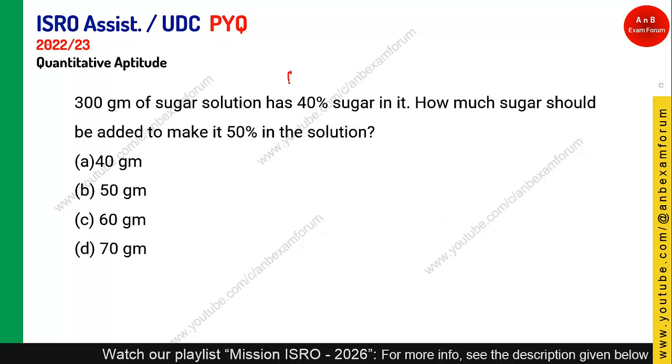It is from the chapter allegation and mixture. Again, we have seen 2 to 3 questions from this particular chapter. Okay, so the question says that 300 gram of sugar solution has 40% of sugar in it. Let's calculate how much gram of sugar is present in this particular sugar solution.